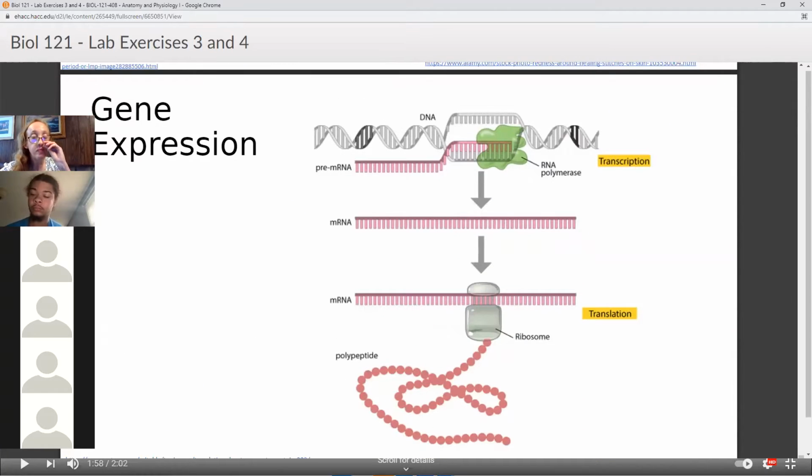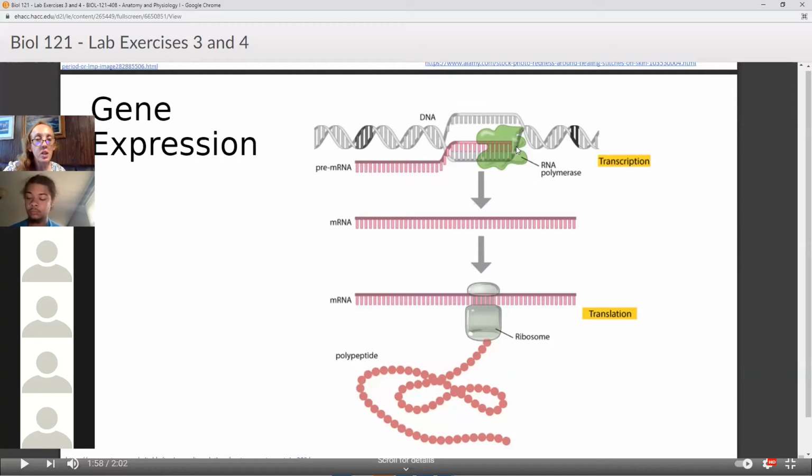One last part. The last part of your exercises today is referring specifically to transcription and translation. Transcription is the production of genetic material into RNA in order to convert it into protein.